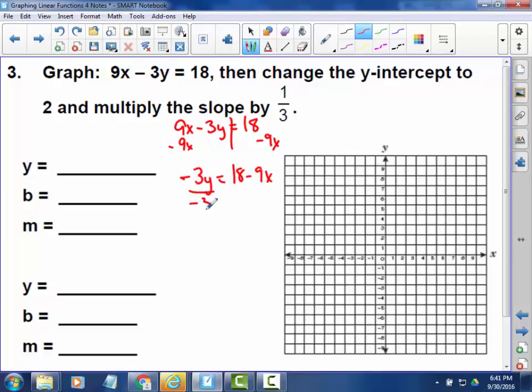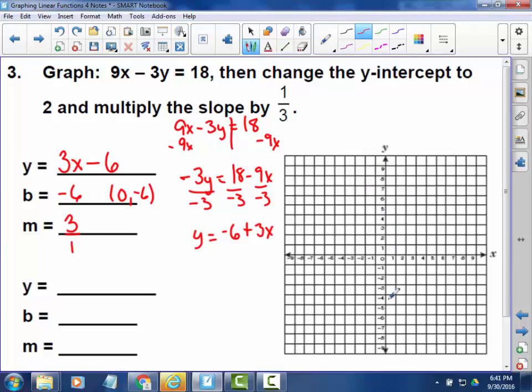Divide everything by negative 3, and I get y equals negative 6 plus 3x, or 3x minus 6. So the b value is negative 6, and the slope is 3, which we'll write as a fraction, 3 over 1.